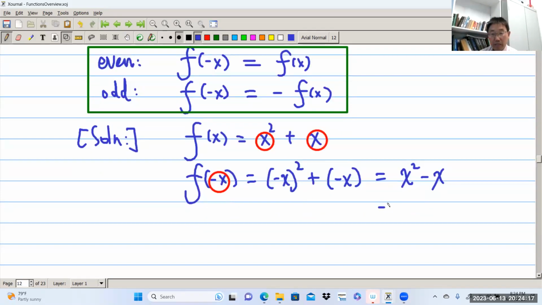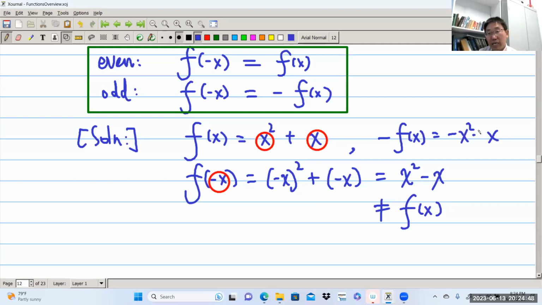Is this the same as f of x? What is f of x? f of x is x squared plus x. Here is x squared minus x. They are different. This is not the same as f of x. But is this the same as negative f of x? What is negative f of x? You just multiply this whole thing by negative 1, so it's negative x squared minus x.